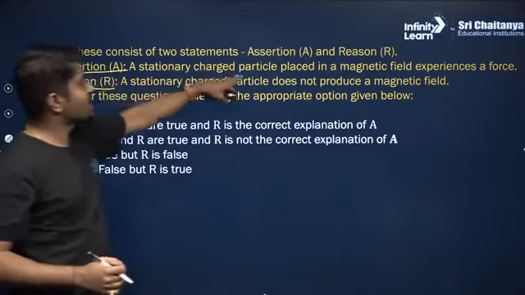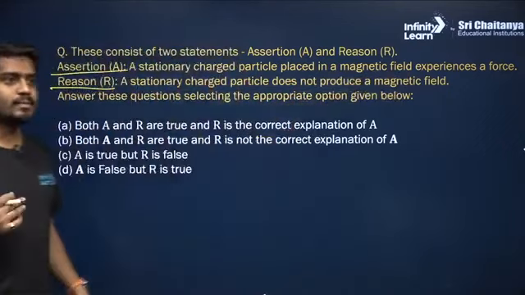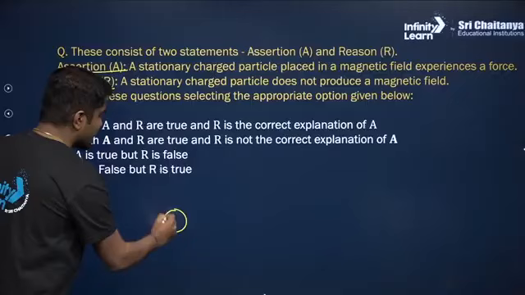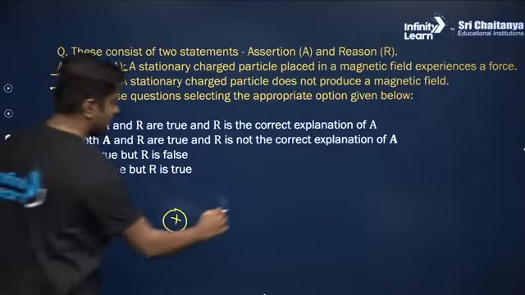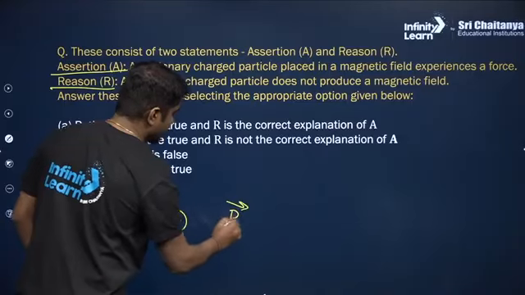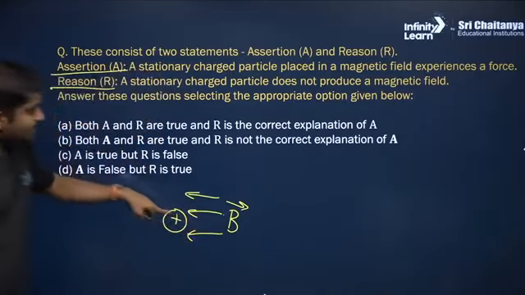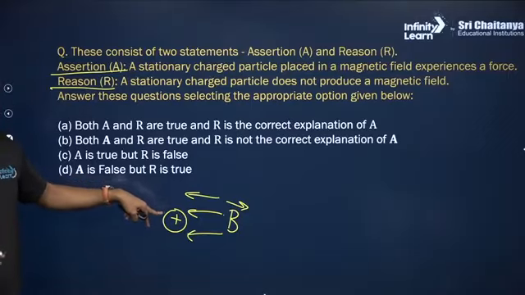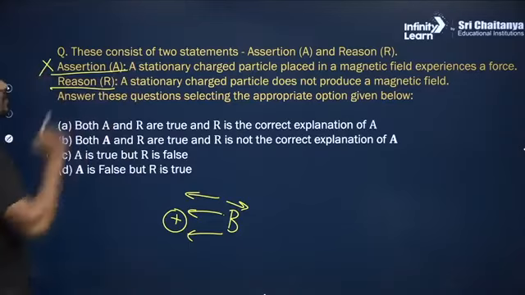A stationary charged particle placed in a magnetic field experiences force. अगर कोई भी stationary charged particle है, if it is present in the magnetic field, let's suppose there is a magnetic field, something like this. So can the magnetic field affect the stationary charge? No. So the assertion is wrong.